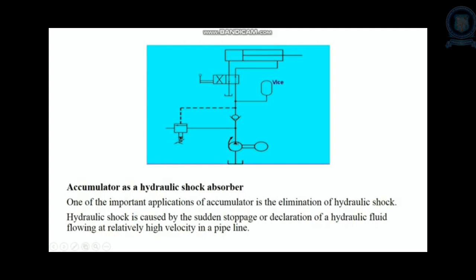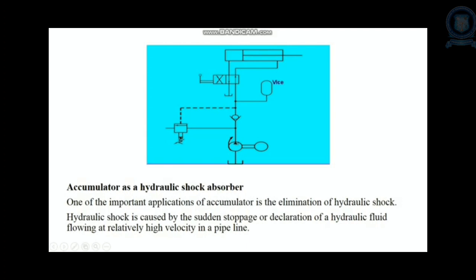This will be used as an auxiliary power source. Power source means it stores the energy when the system pressure increases, and it releases the energy when the system pressure falls. Then it is used as a shock absorber. If there is sudden stoppage of fluid or sudden closing of any valve, the system pressure increases, which creates a shock on the system.